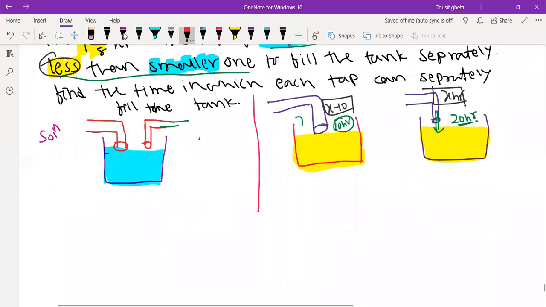If I use the same tank and I'm using the big diameter pipe and the small diameter pipe, both pipes are on to fill the tank. This will take 10 hours, this will take 20 hours. Okay, right, no problem.